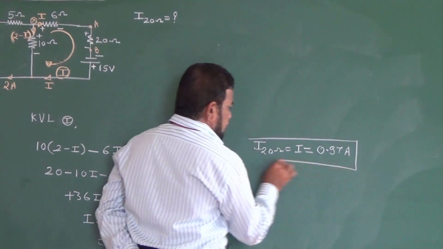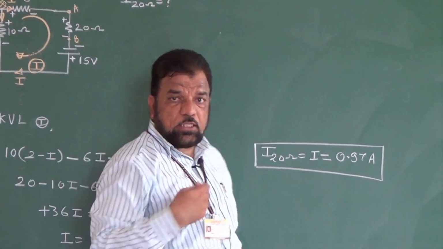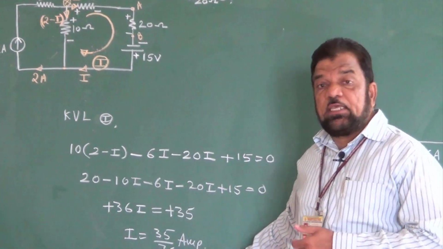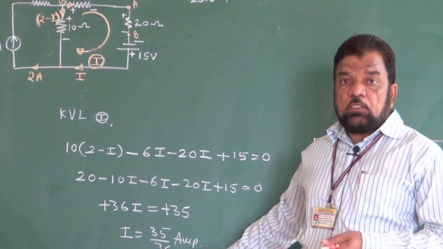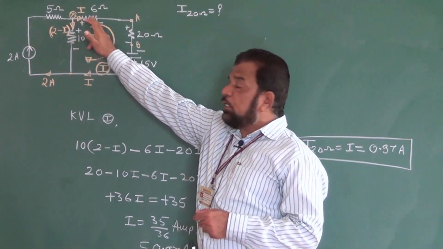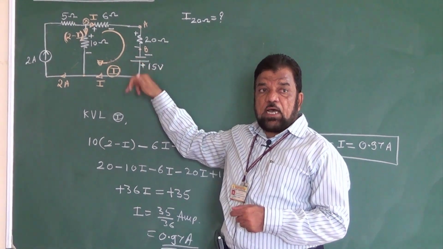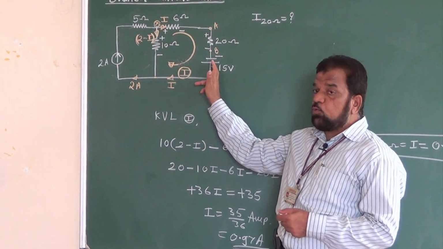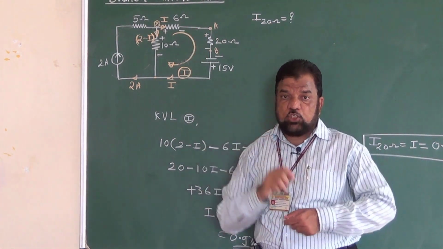Okay. Now if in some other problem, you get the final current I with a negative sign, the interpretation of that negative sign is, you have assumed the direction like this, but since the I comes to be negative for that problem, the actual current is flowing in the opposite direction.